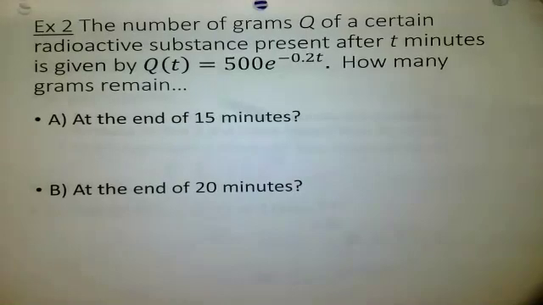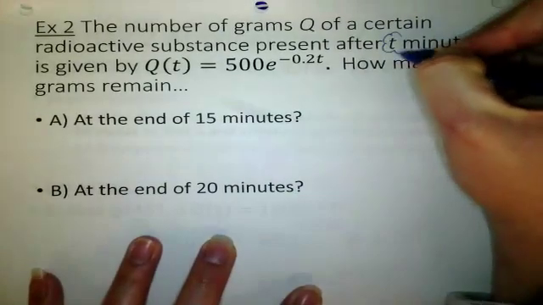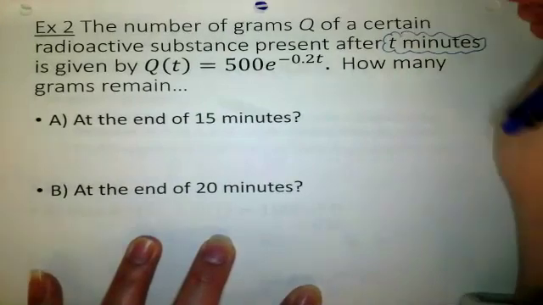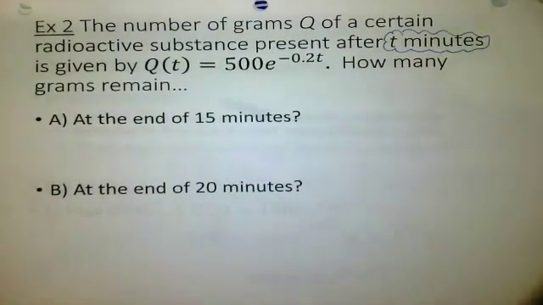The number of grams Q of a certain radioactive substance. They use Q as in quantity, if that makes sense to you. So the quantity of a certain radioactive substance present after t minutes is given by Q of t equals 500 e to the negative 0.2t.